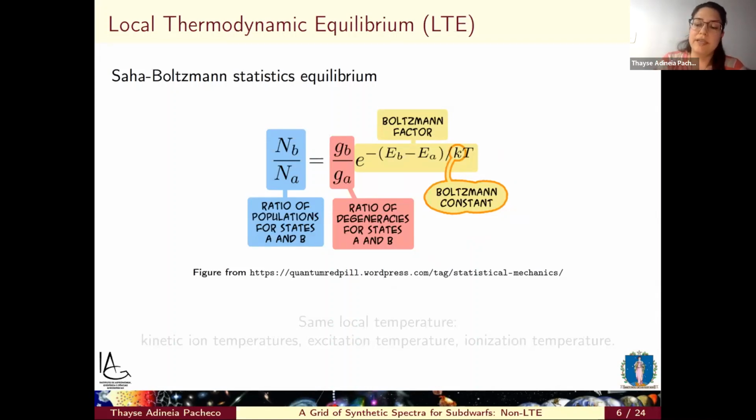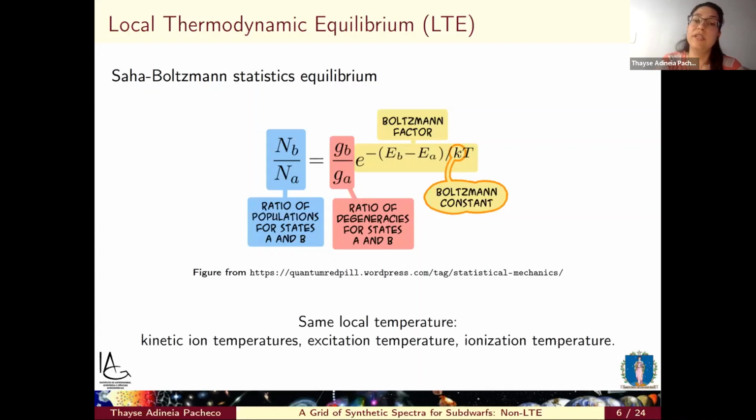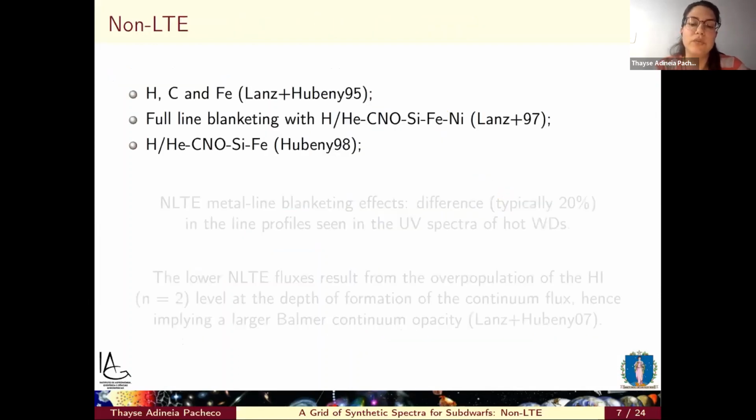But this approach has a limitation because it considers that the kinetic, ion excitation and ionization temperatures are the same local temperature. It's not true. So we need more detailed atmosphere models, like non-LTE models.